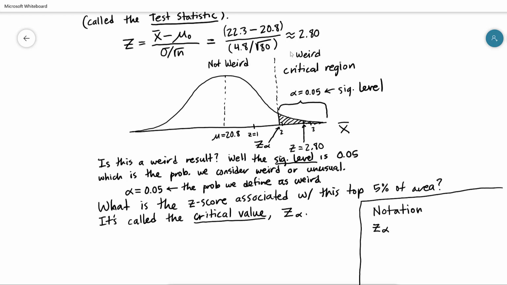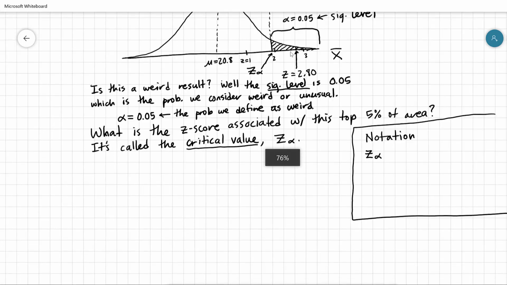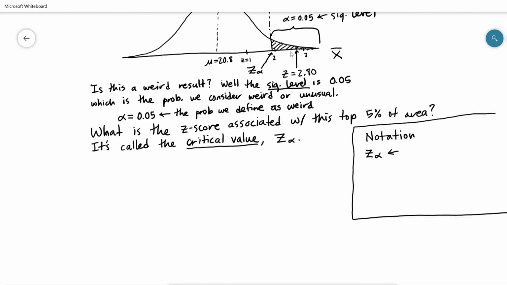So if we have a right-tailed hypothesis, as we do here, this is the notation we'll use, because all of that area alpha is in the right tail. If it was left-tailed, we would use the same number, but it would be the negative of the z-score. So this would be the left-tailed case.